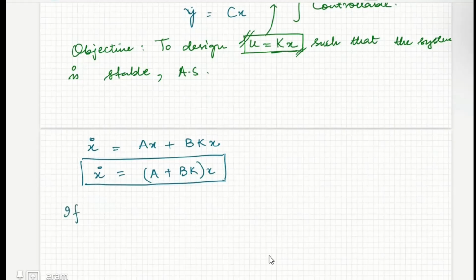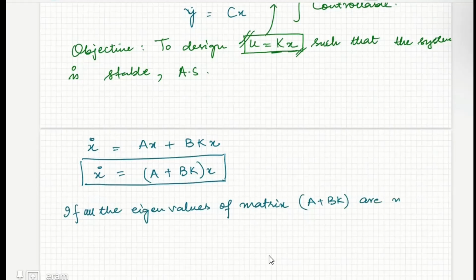So if all the eigenvalues of matrix A plus BK are negative or lie on the left half plane, then the system will be asymptotically stable.